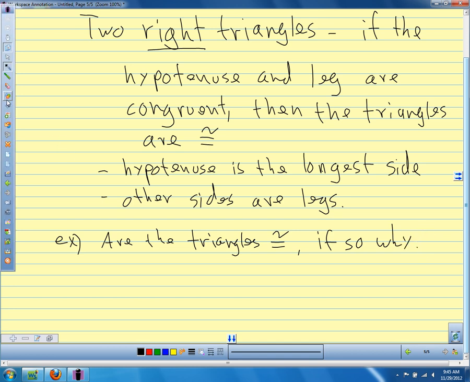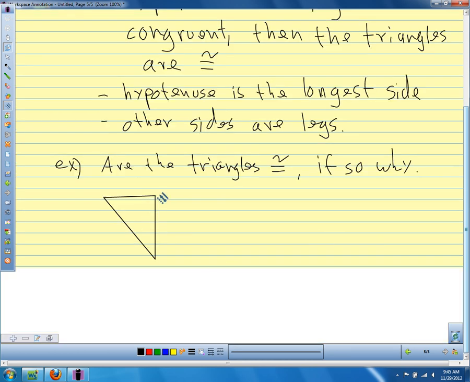So here's our picture. And this is a 90-degree angle here, and this is a 90-degree angle here, and we have those two sides congruent. So would these two triangles be congruent?